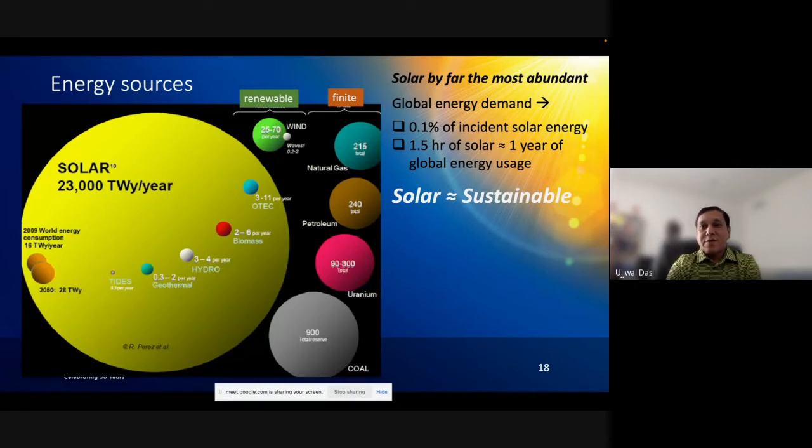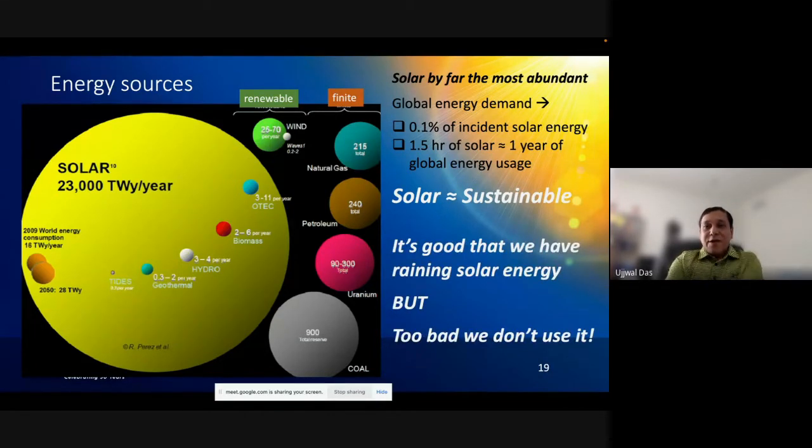Or in other words, we can say if we can capture 1.5 hours of solar, that can give us energy equivalent to 1 year of global energy use. So that's a huge potential for energy source. And as you know, solar is essentially sustainable, means as long as the sun shines, we will be here. But when the sun dies, everything will fall apart anyway.